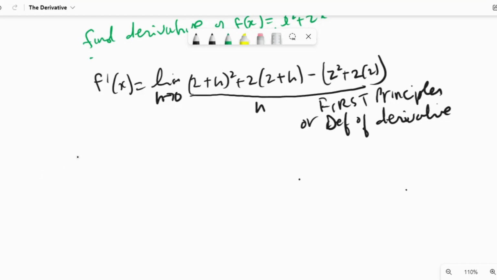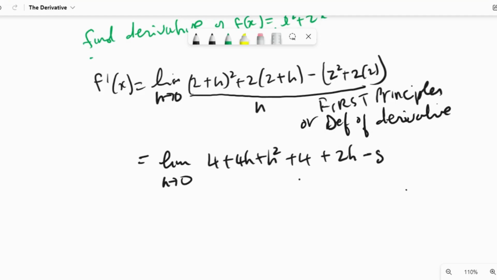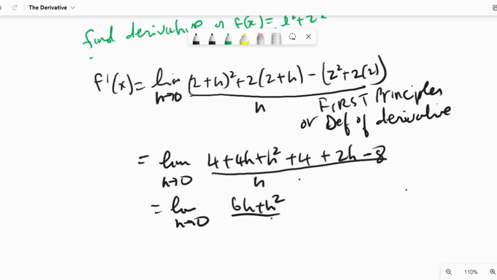Okay, so we evaluate this as we did before. This will be the limit as h approaches 0 of 4 plus 4h plus h squared plus 4 plus 2h minus 8 over h, which is the limit as h approaches 0 of 4h plus 2h is 6h plus h squared over h.